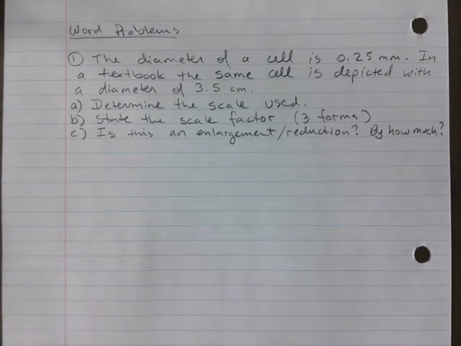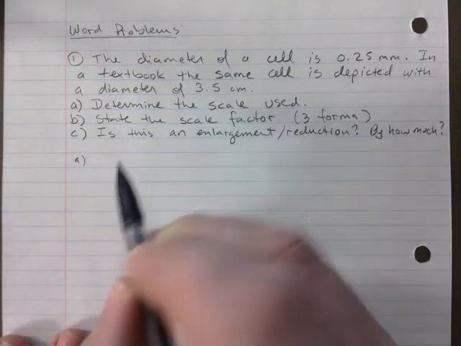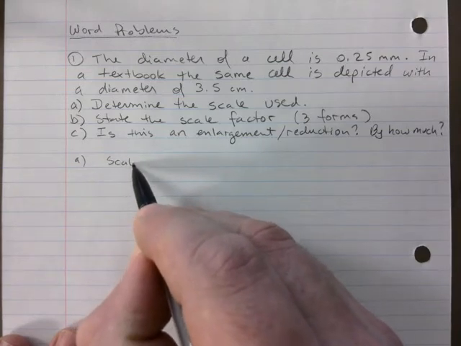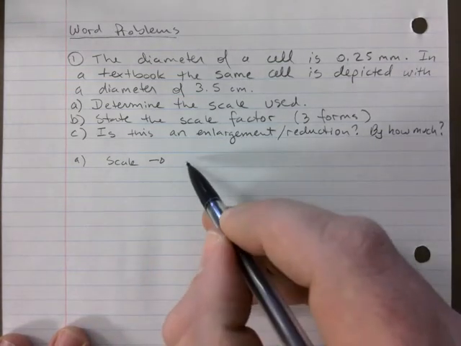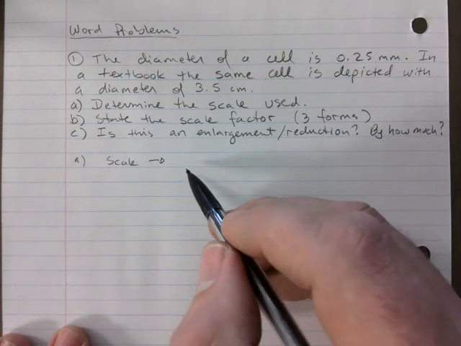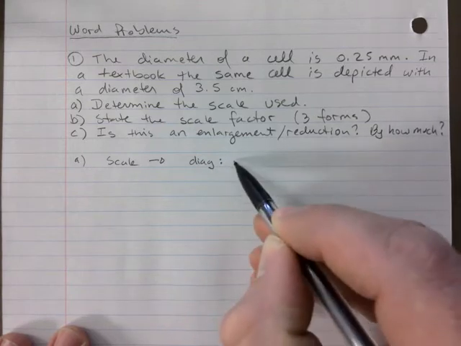I'm going to wait a little bit so everybody can write it down. All right, so here we go. The scale used. Remember, if you're talking scale, in this case, textbook, picture, I'm going to use diagram, and actual.